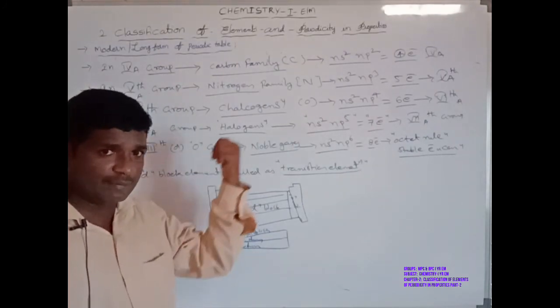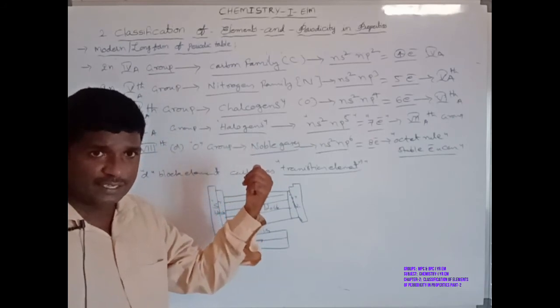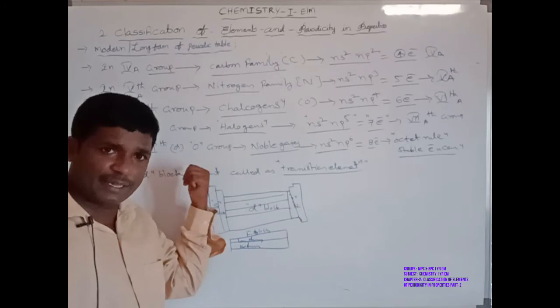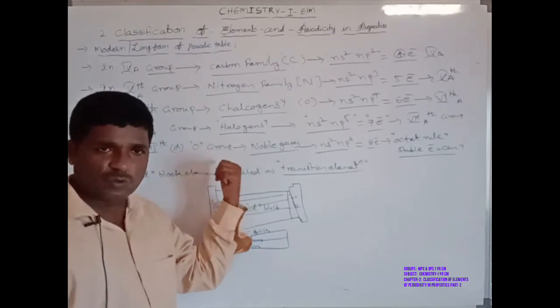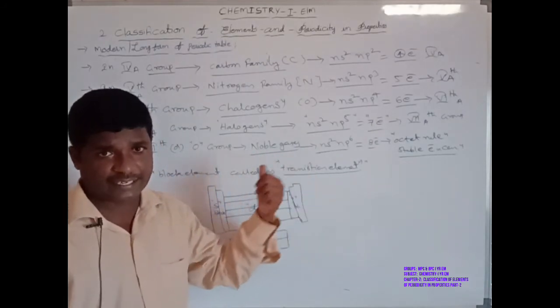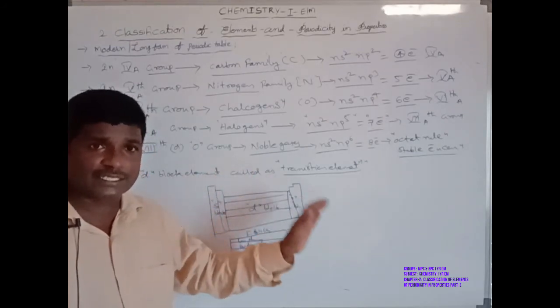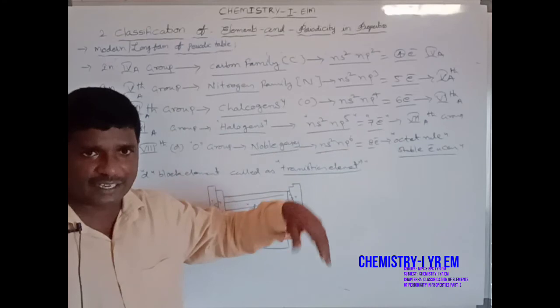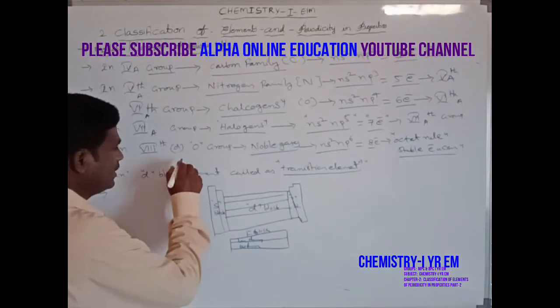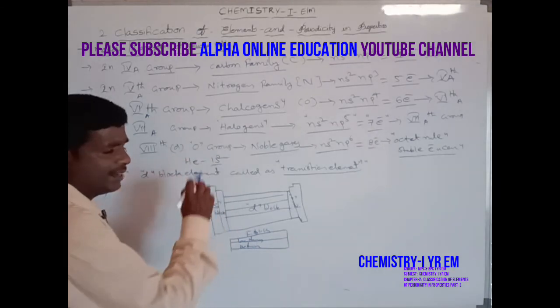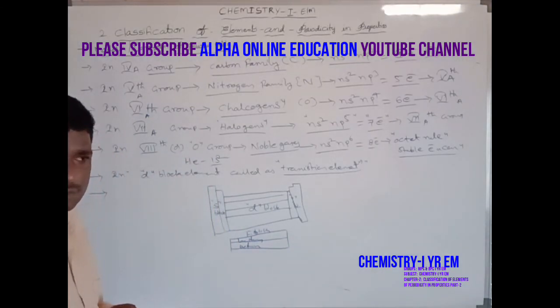Sixth A group elements are also called chalcogens. Seventh A group elements are also called halogens. The last one is the zero group elements, also called the noble gases or inert gases. Except helium, all noble gases have the octet electron configuration. Helium is 1s2. All the remaining elements follow the octet rule.